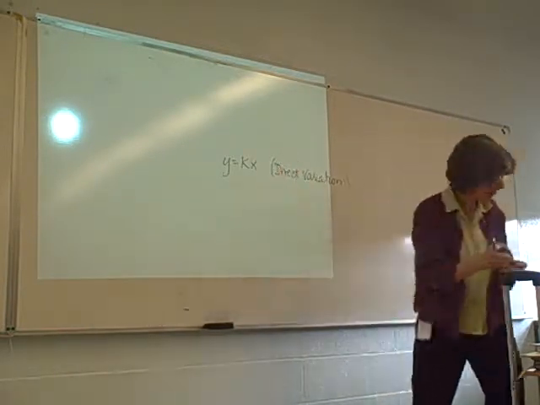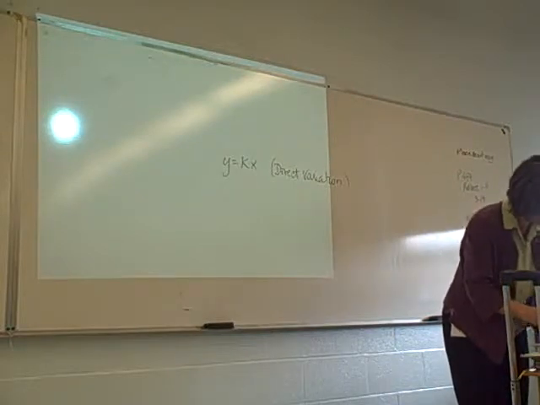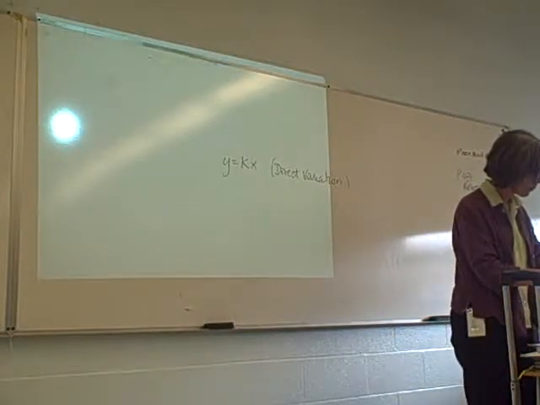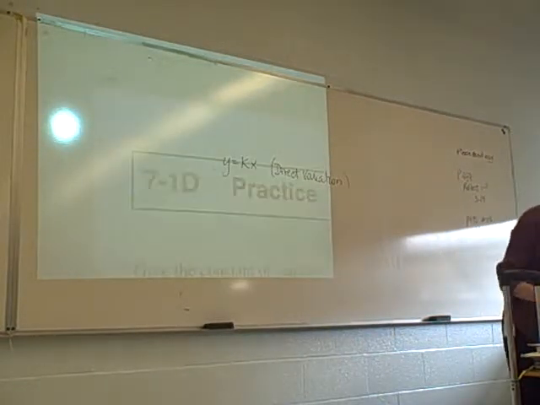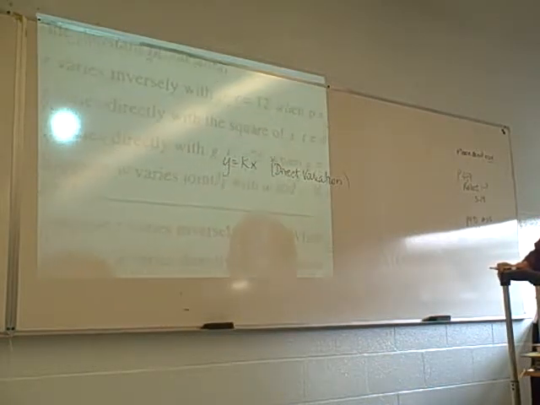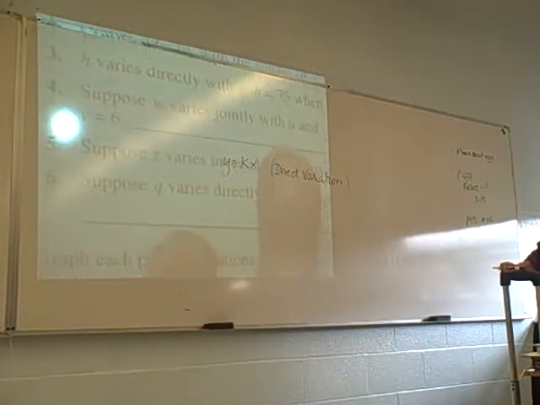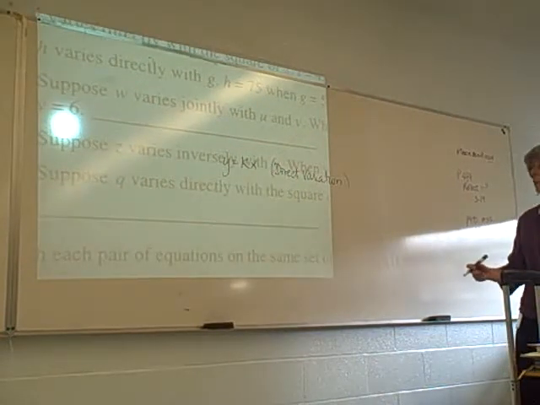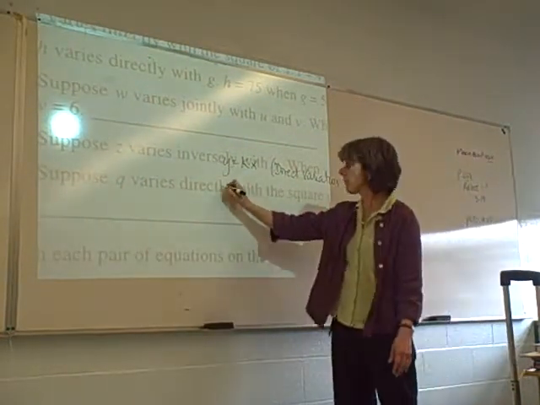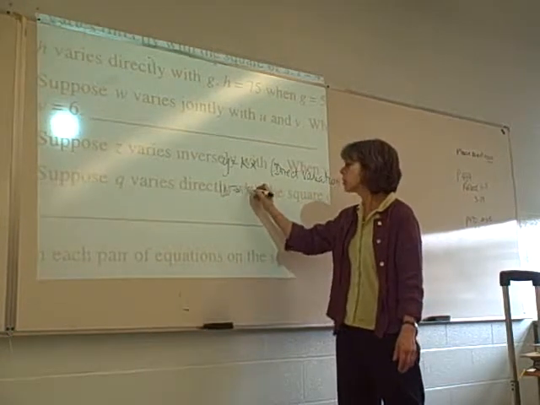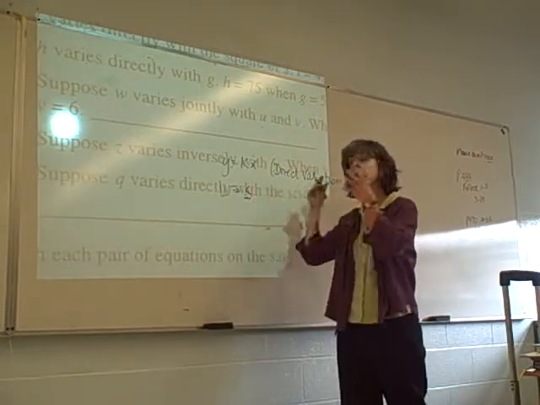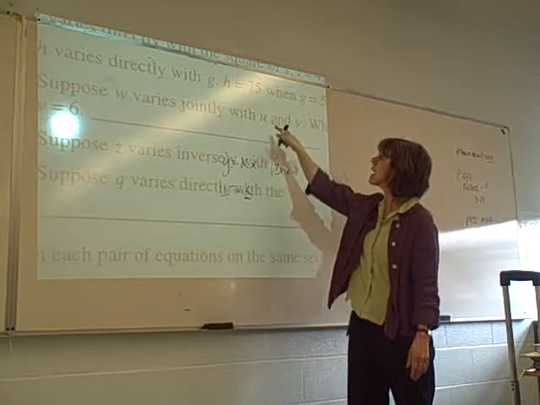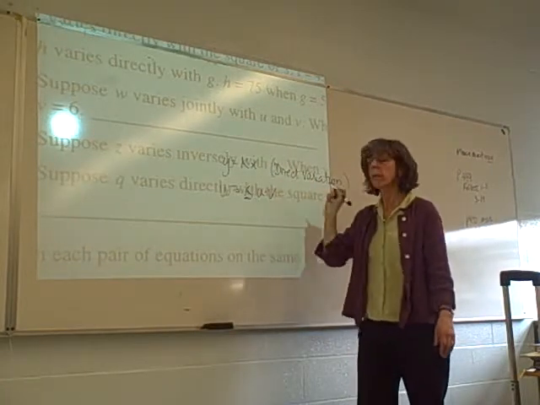I believe it was number 4 in your worksheet. Suppose W varies jointly, so I know it's going to be a constant times U and V.